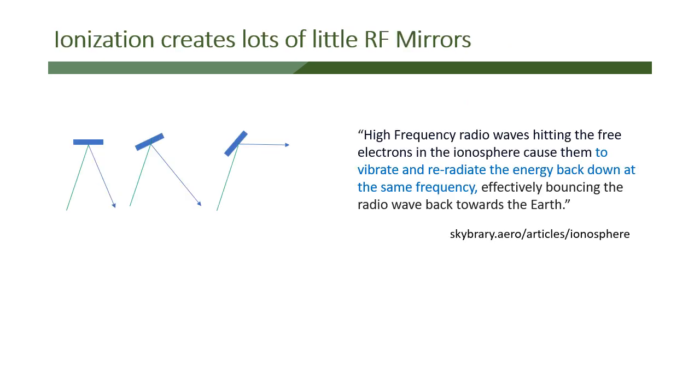As I was saying, there's hop and skip, and the ionization creates these little, for lack of a better term, I like to think of them as RF mirrors. We're talking at the atomic or molecular level that these are ionized and they act as little mirrors. They're all pointing, technically, because they're in random motion, in different ways.